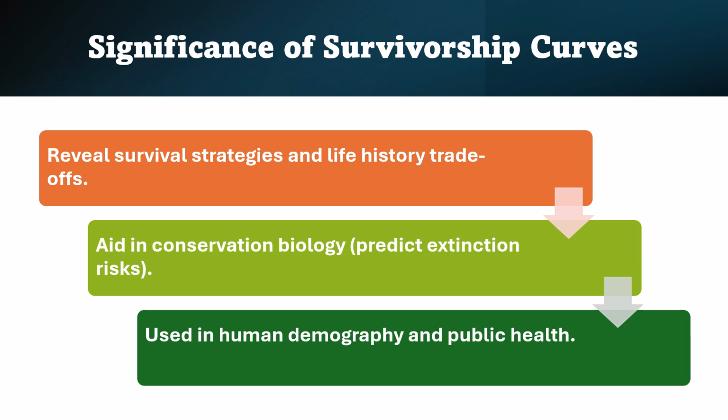Insurance companies and pension funds even use age-specific mortality data to estimate future payouts. In short, survivorship curves bridge biology, economics, and public policy, because knowing who lives and for how long drives everything from healthcare design to retirement planning.